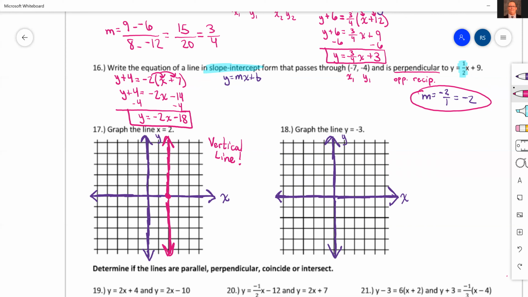So I'm going to go to my y-axis and put a dot at -3. Again, this is another special case. Y equals -3 tells us it's a horizontal line, because the y must always stay -3. So I'm going to draw me a horizontal line. And then that's it.